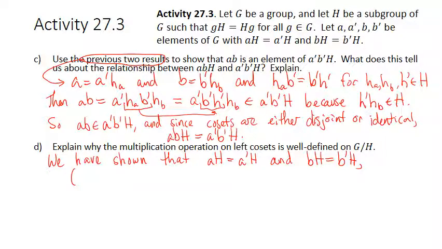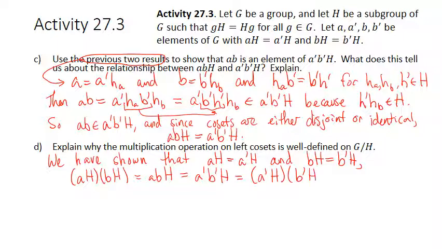So AH, BH, which is ABH, is going to give us the same thing as doing A prime H, B prime H. And so that shows us that this operation is well defined. So it doesn't matter what element in the coset we use to represent it or to write it, we will get the same product no matter what, and you need your operation to be well defined in order to be able to do anything mathematical with it.